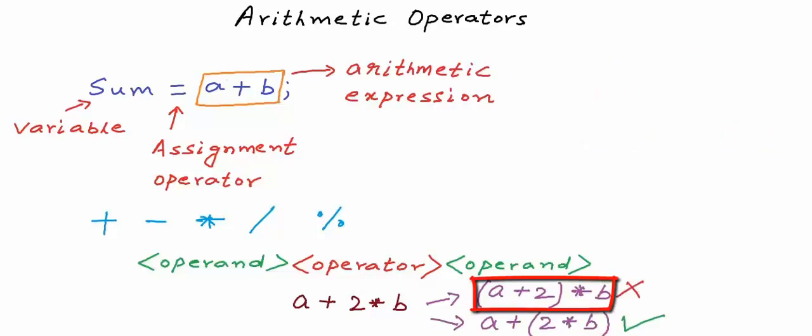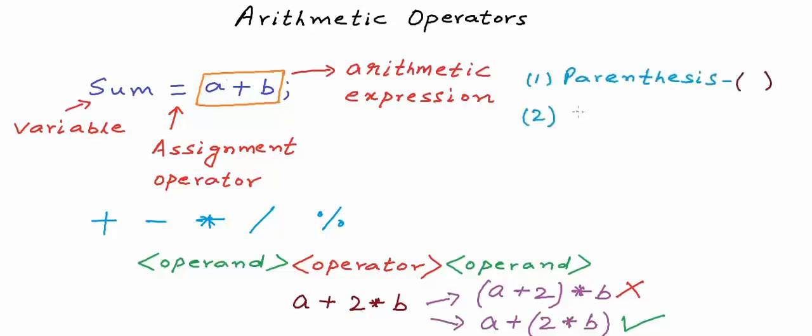In a complex expression, operator precedence is applied to decide the order of operations. In an arithmetic expression, first preference is given to parenthesis. Next in priority or preference are multiplication, division, and modulo, and then come addition and subtraction.